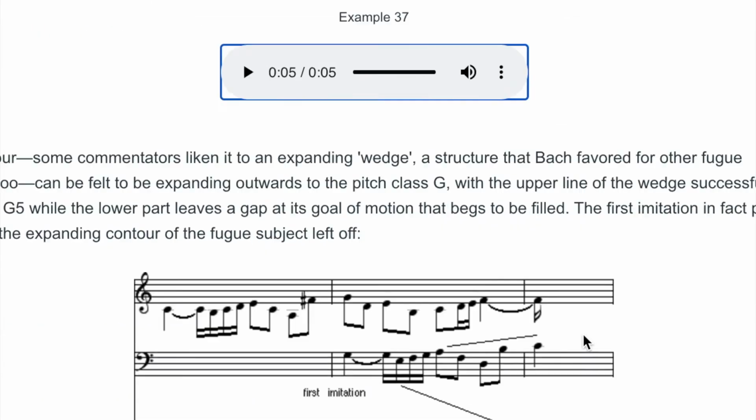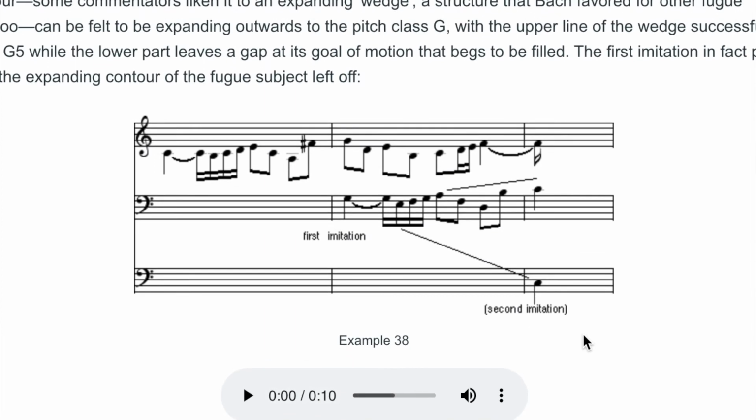And then we'll hear how Bach brings in the first imitation precisely where that wedge implies the initial fugue subject to be going. So I'll play now the imitation of the first fugue subject.